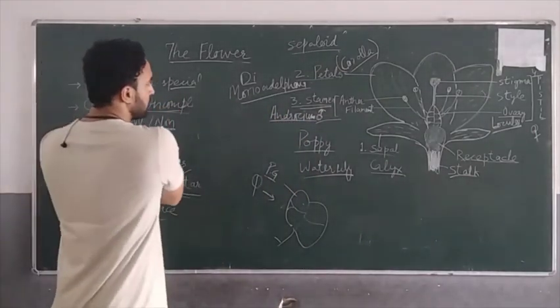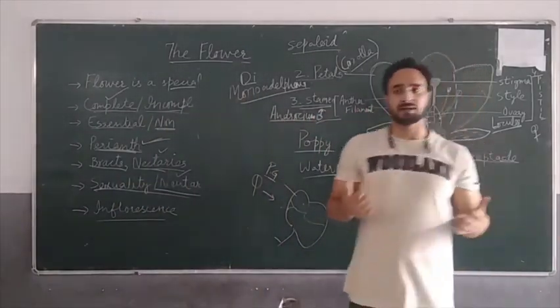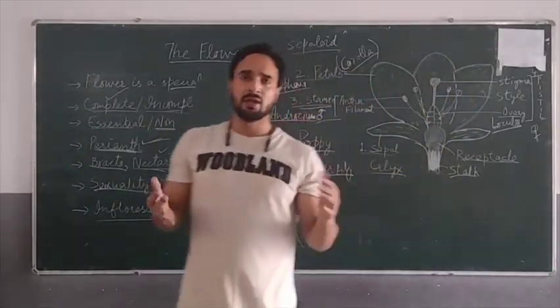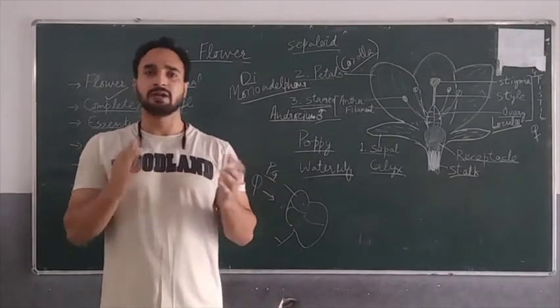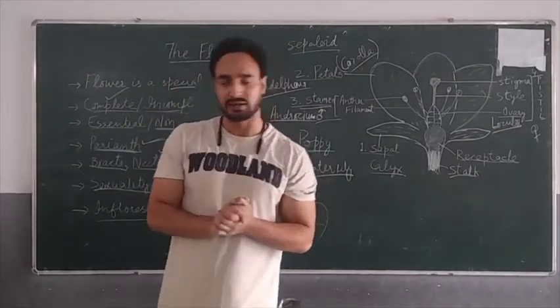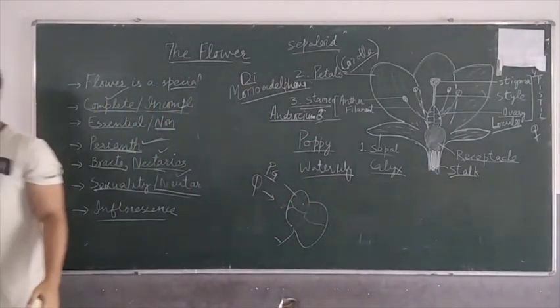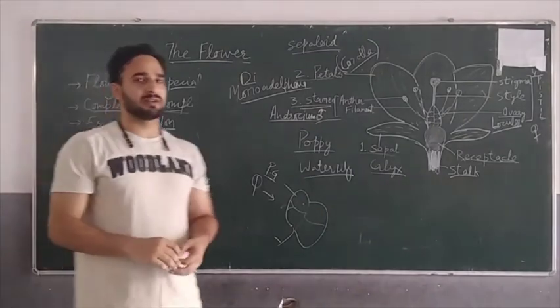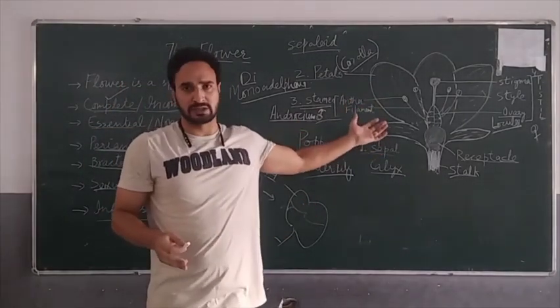When any one of these four whorls is absent, we call that flower an incomplete flower. So basically, an incomplete flower is any flower which is lacking one of these four whorls.